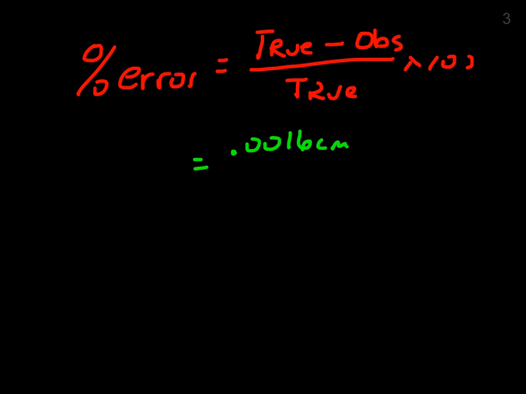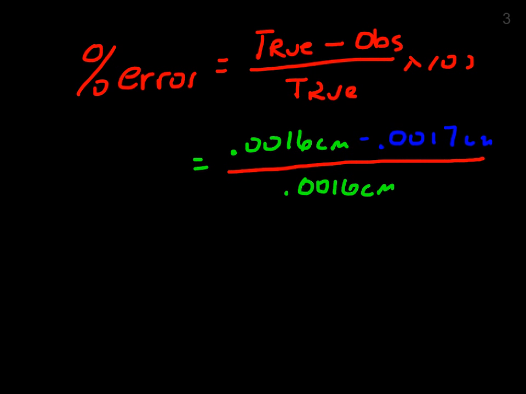The observed value that you calculated was 0.0017 centimeters. That whole amount is divided by the true value, 0.0016 centimeters, and I multiply it times 100.